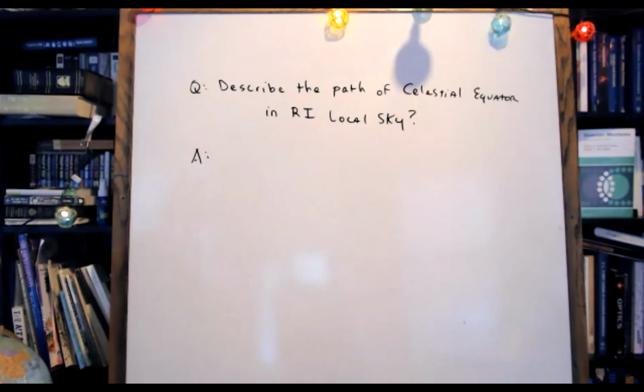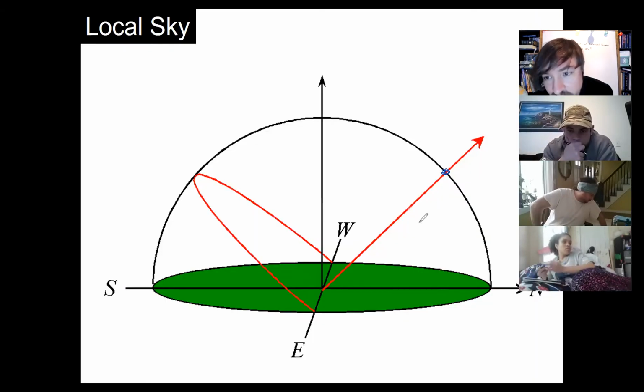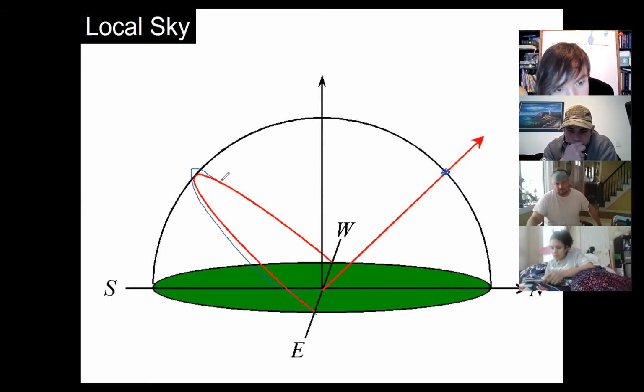This is more complicated than the last problem. Let's try to understand why. The celestial equator, unlike the previous problem, is not just a point on the sky. The celestial equator is a whole arc through the local sky. How should we deal with this?